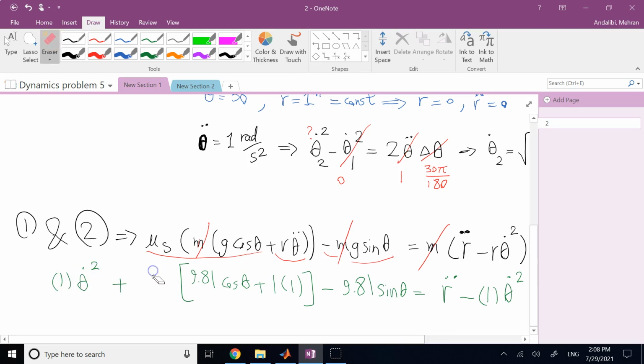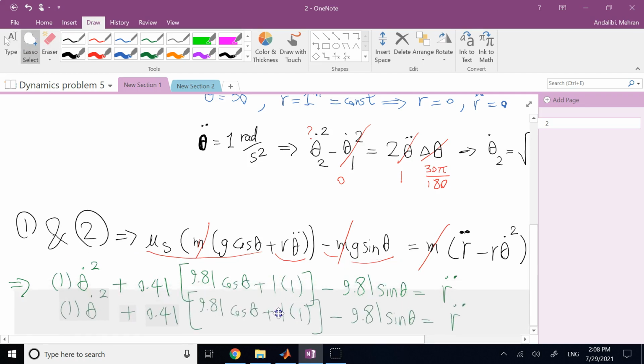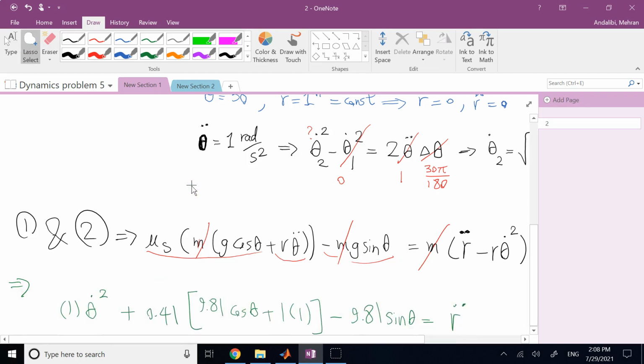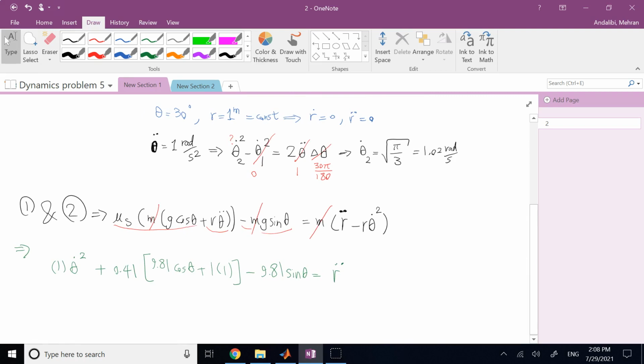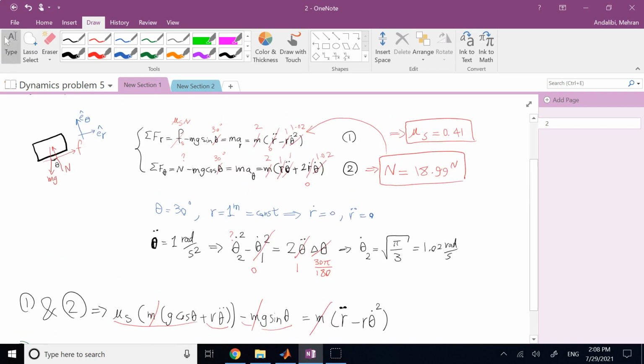And this way you calculate your r double dot. This is going to be your r double dot as a function of theta, theta dot, and so on in general, before you get to 30 degrees.